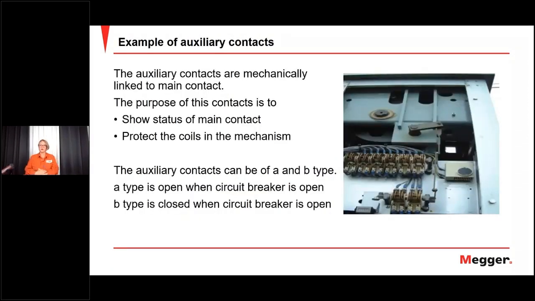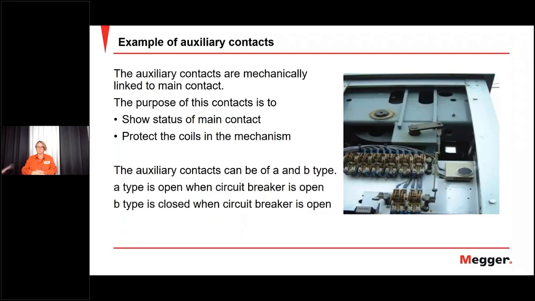We go over to the parts in the control cubicle or mechanism. Main contacts, okay, that's where the current is flowing, the normal three phases. But auxiliary contacts, yeah, it's a type of almost like relay contacts for control purposes.